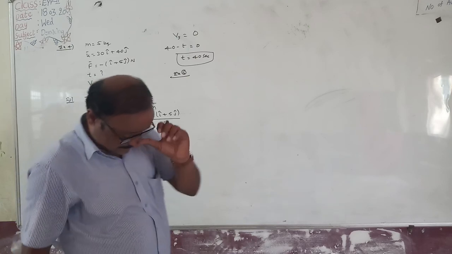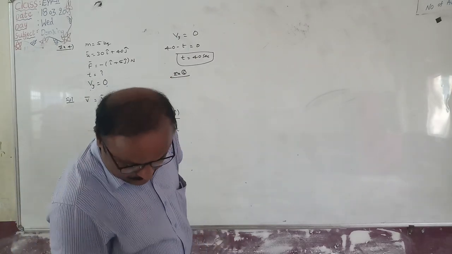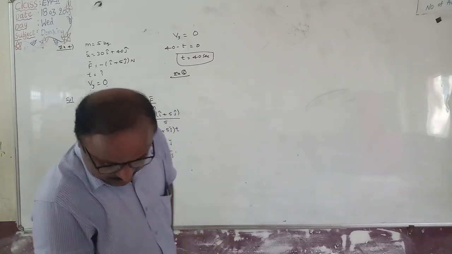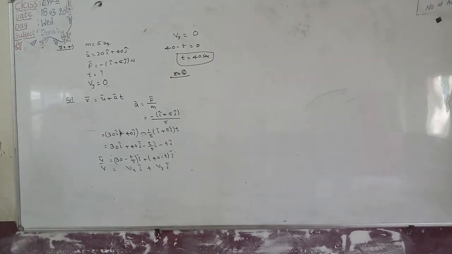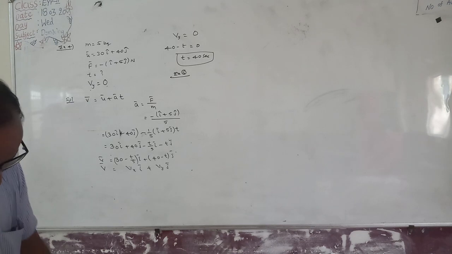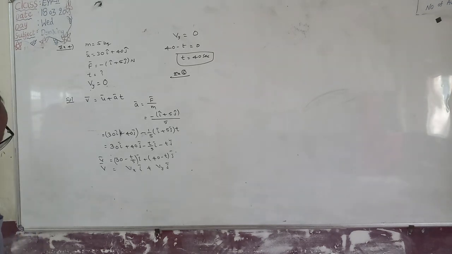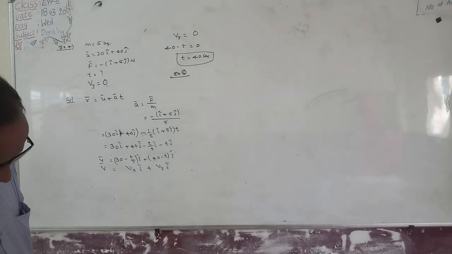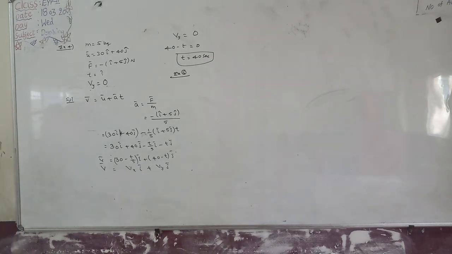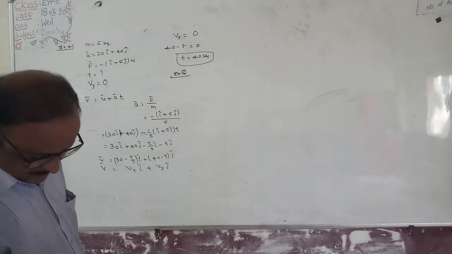Example 5. Due to the application of a force, a body of mass m equal to 100 kilograms moves with an acceleration of 20 meter per second square in the direction of force. Then the magnitude of force is very simple.